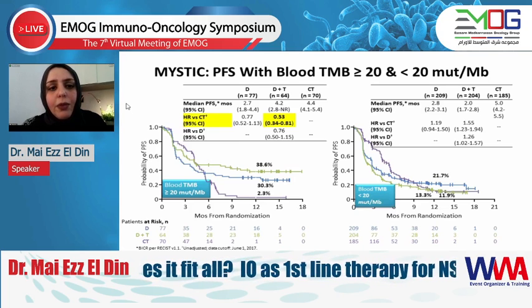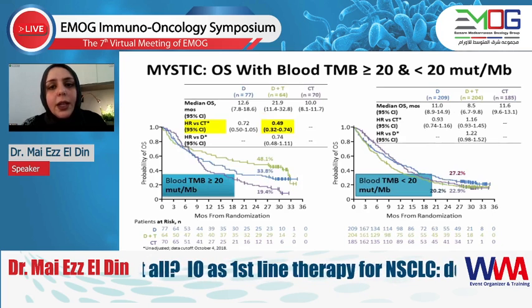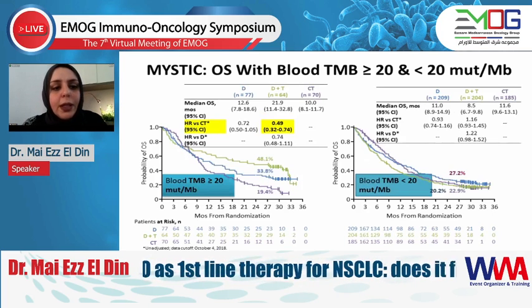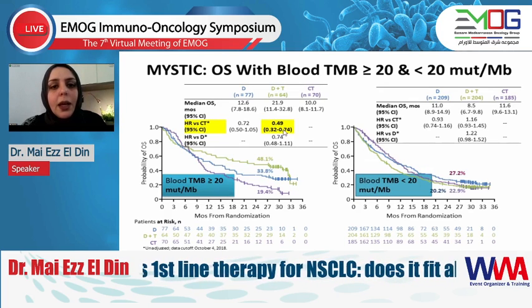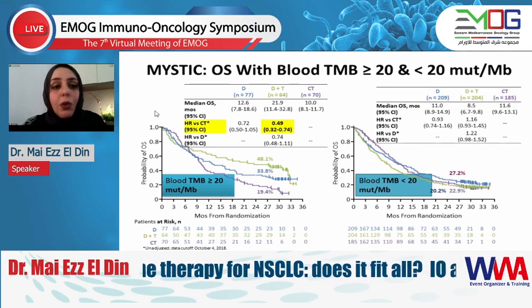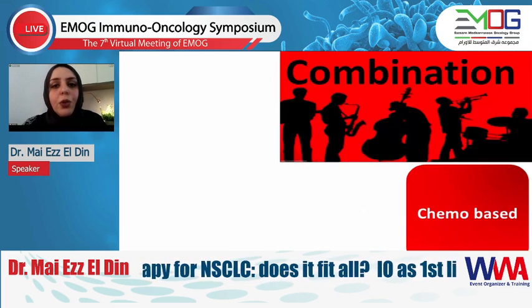As you can see, 0.53 hazard ratio. And it was also seen here if you had a higher tumor mutation burden, more than 20 mutations per megabase, it was still seen here also. But again, this was an exploratory analysis. It was not the primary intent of the trial.